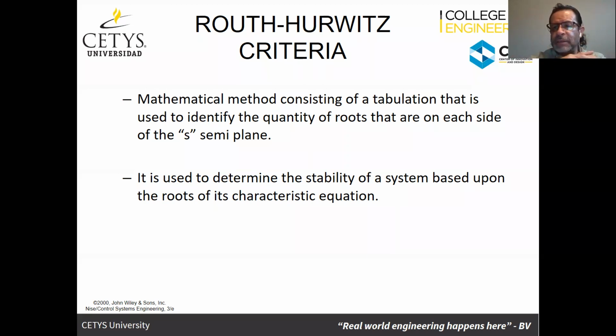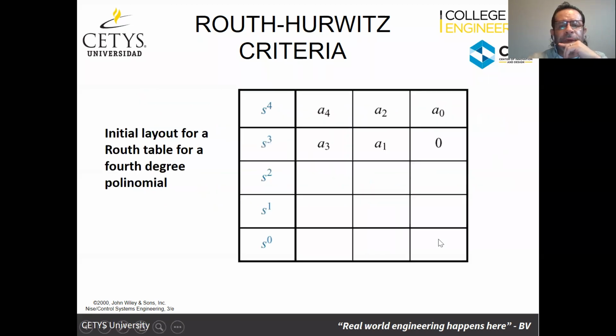Basically, the use of this method is to identify if a system is stable or not. But more than that, it can also help us do design around stability for a certain parameter or value in the system. And we had already talked about that the first thing we do is to establish the Routh table.